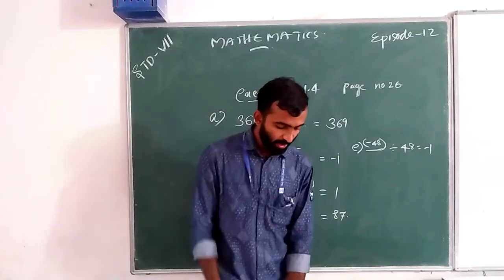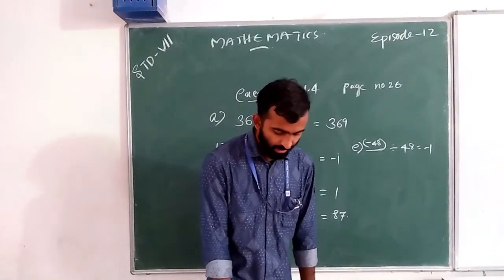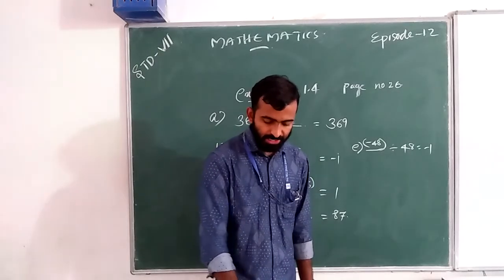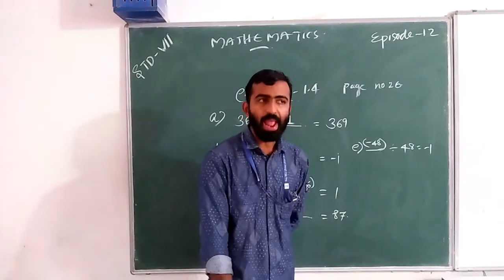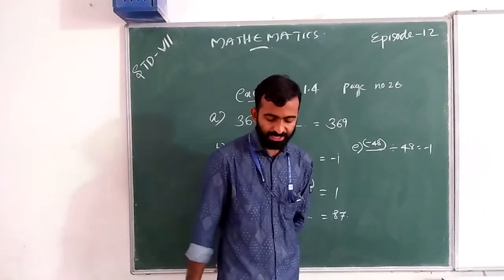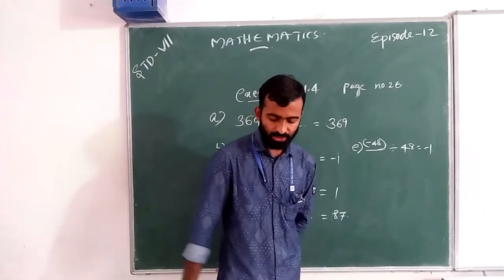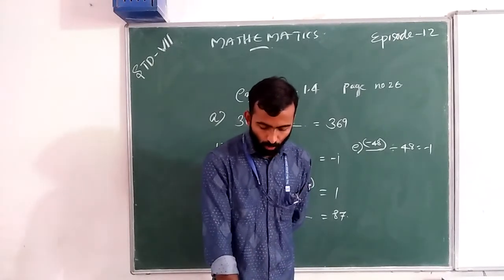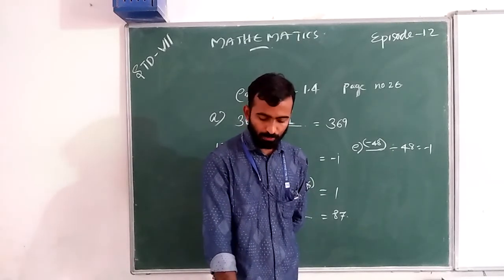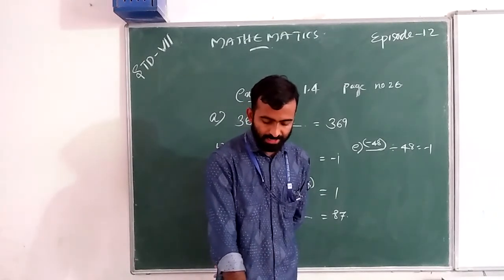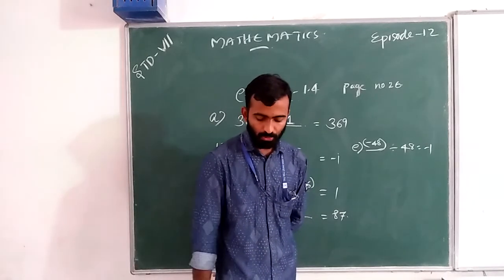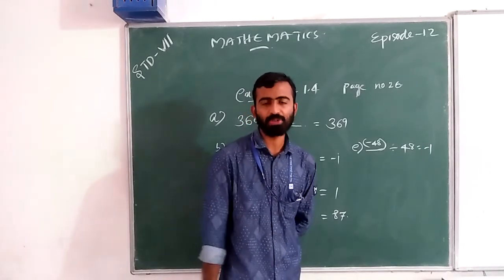the fourth question. Write a pair of integers a, b such that a divided by b equals negative 3. One such pair is 6 and negative 2, because 6 divided by negative 2 equals negative 3.